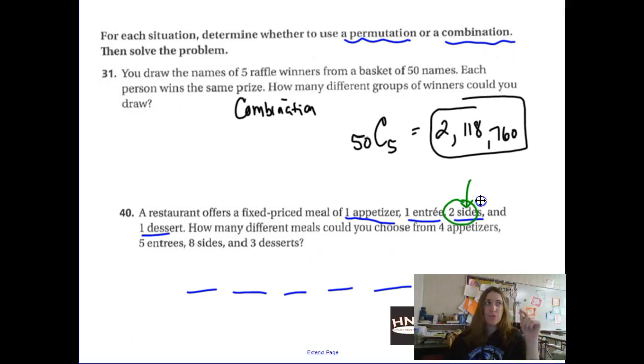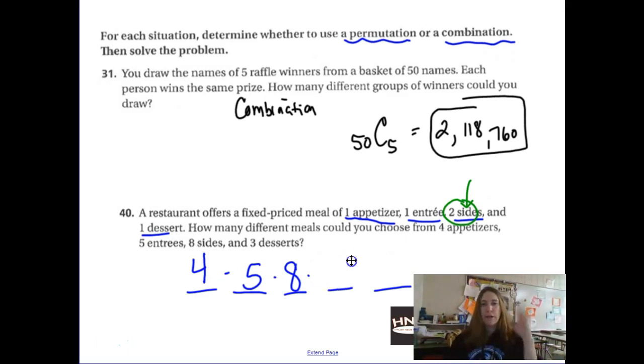If you can choose 2 of the same sides, you guys don't know about this yet, but that causes problems. So when I go to choose my appetizer, I have 4 different appetizers. Then when I choose my entree, I have 5 different entree choices. For my sides, I have 8 sides to choose from. Now I know in my answer key, I just put another 8 here.